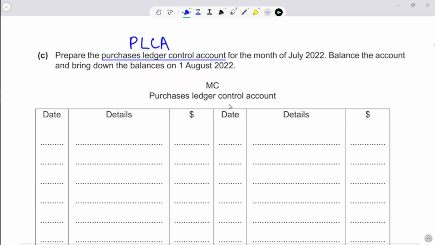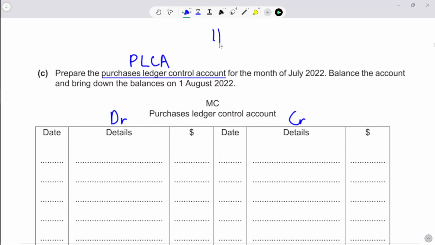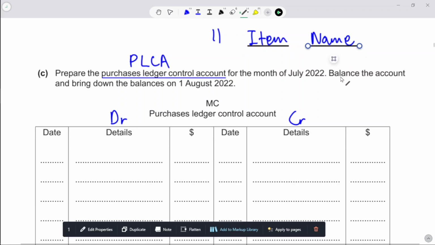And then this left hand side is debit, then right hand side is credit. Okay. So this one, yes, double entry, right? So what you do is the item and name. Okay. So item 19, then name also 19.